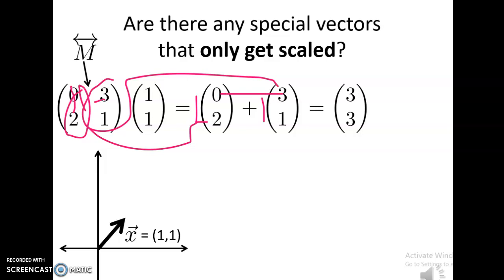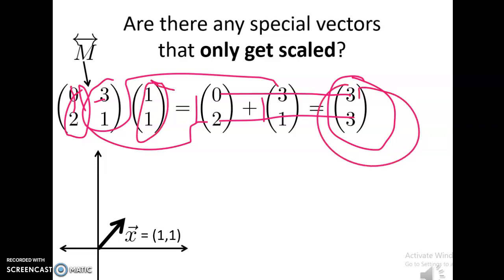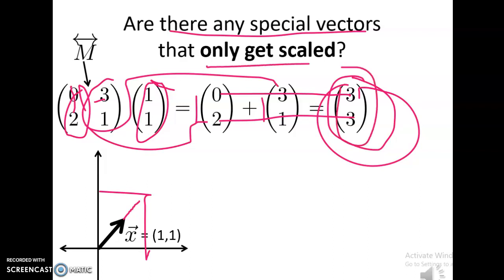So 0 plus 3 is 3, 2 plus 1 is 3. So 3 comma 3. This is the same direction, no? Only extension. Are there any special vectors that only get scaled? So 3 by 3 means what? Scaling only.